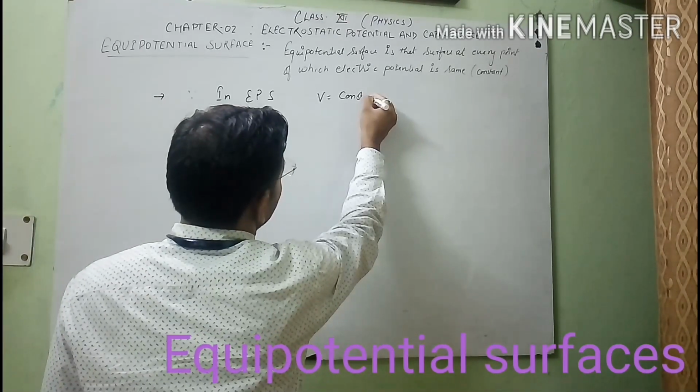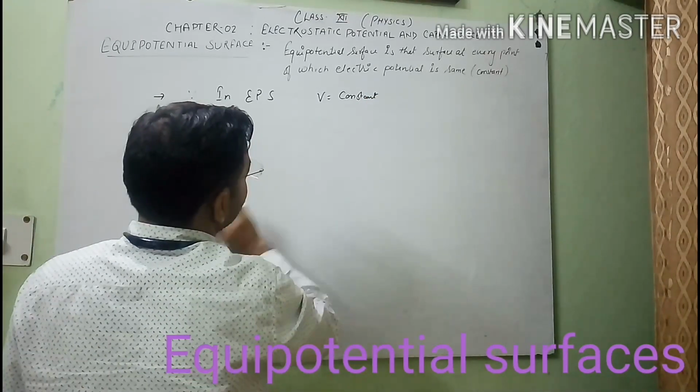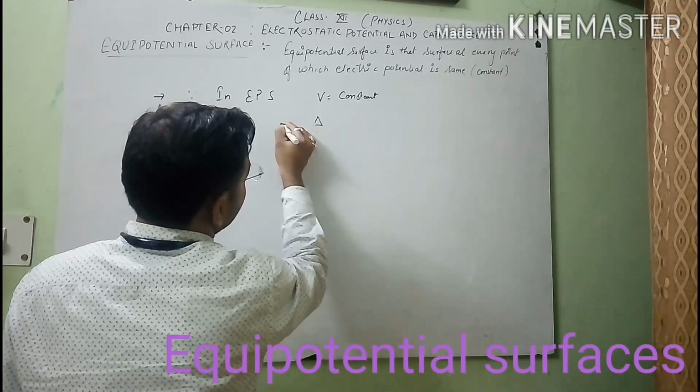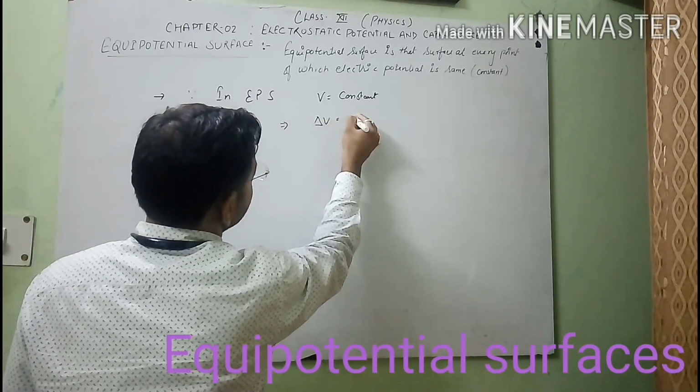It means that the electric potential is constant. When the electric potential is constant, it implies that the electric potential difference is zero.